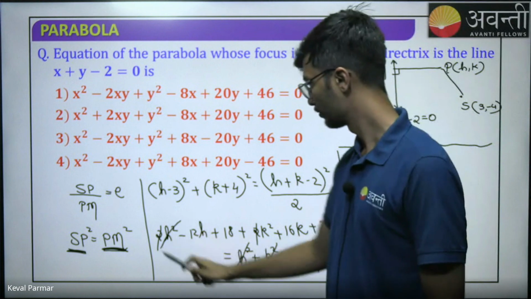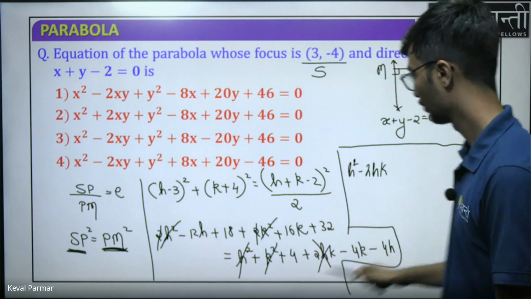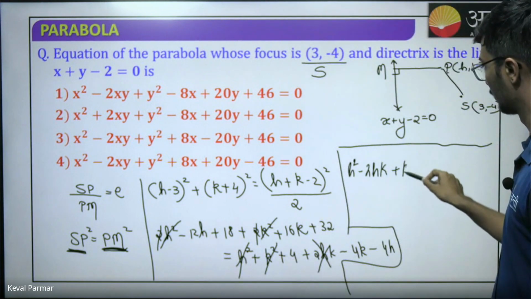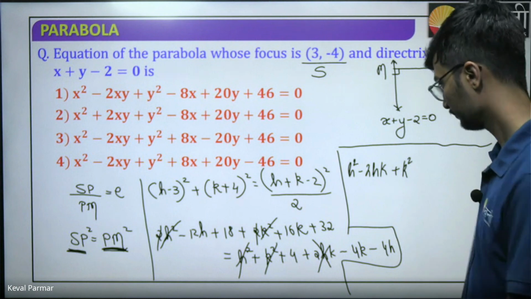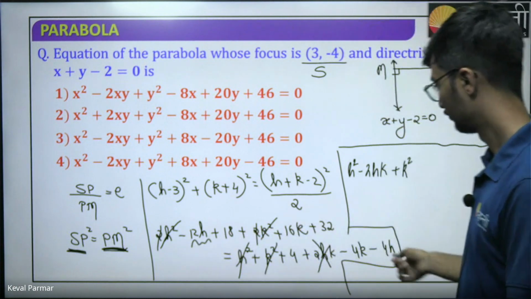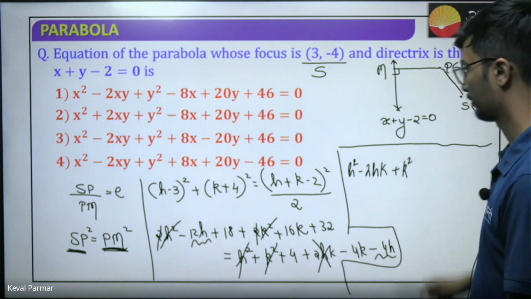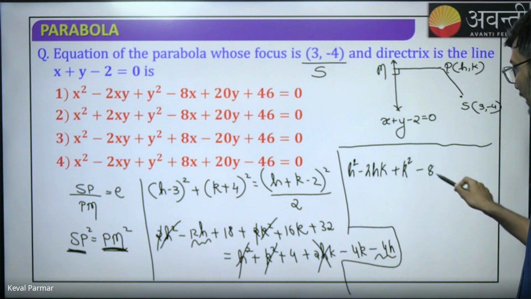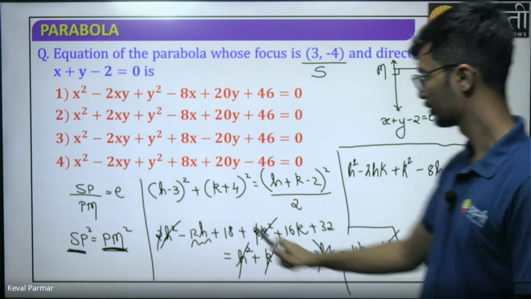So we got h square, minus 2hk, and k square will get plus k square. Now minus 12h, and this will move on the left hand side, plus 4h. So minus 8h. We got h.